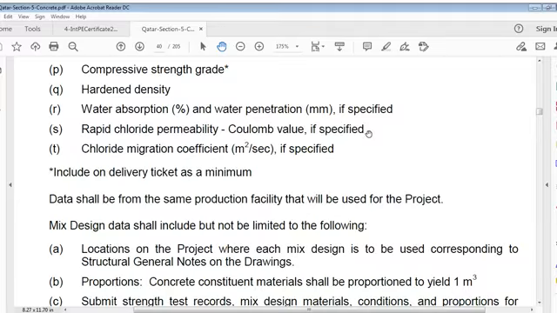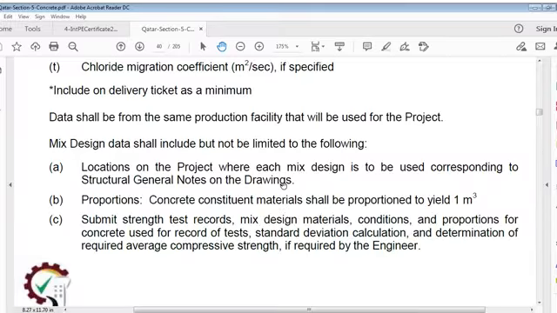This is very, very important. It should not be 2500, it should be below that. That's the general rule.